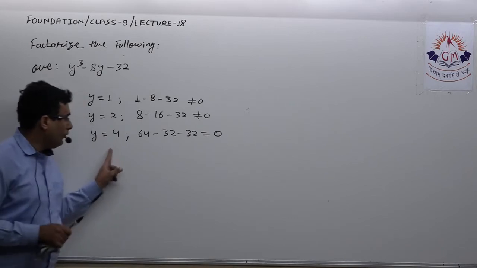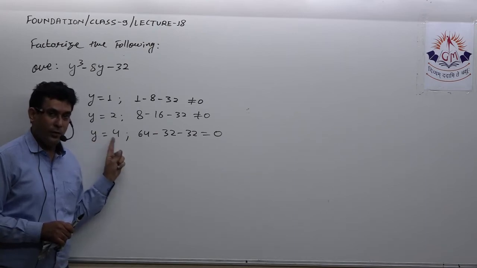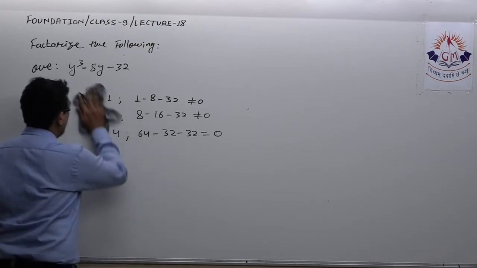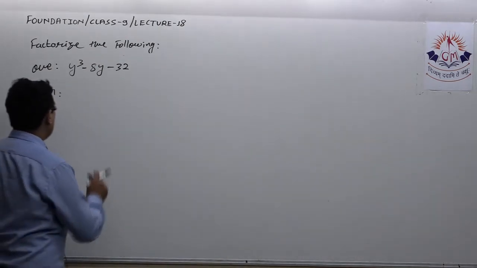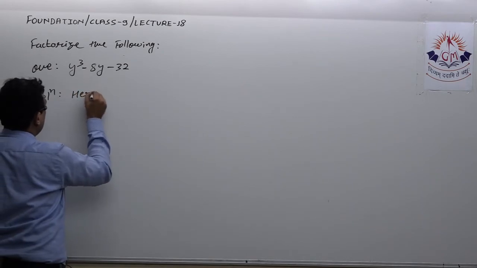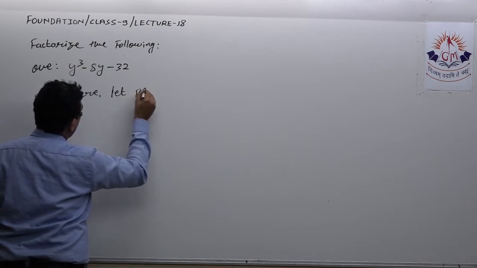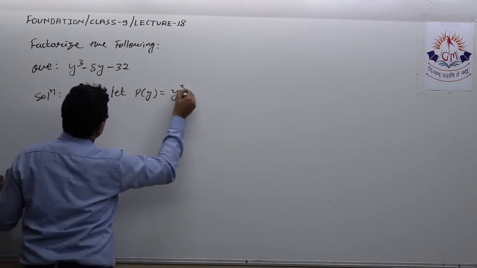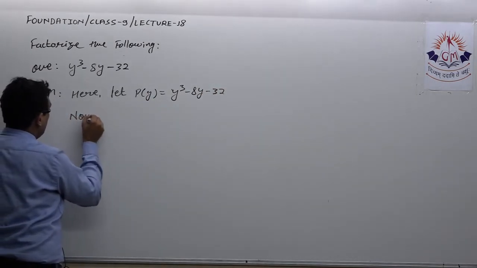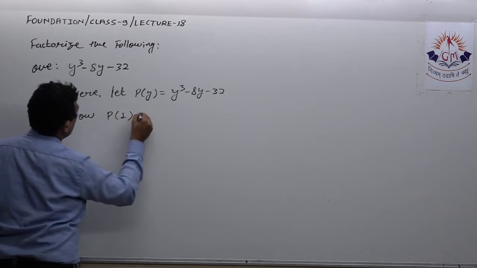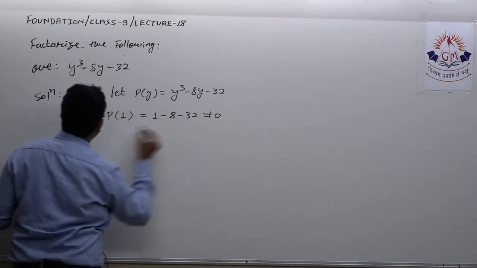As y equal to 4 is a zero of the polynomial, y minus 4 will be one of its factors. Okay, so after finding one factor, it is easy to find the remaining factors. So here we'll start with: let p of y be equal to y cube minus 8y minus 32. Now p of 1 is equal to 1 minus 8 minus 32, not equal to 0.